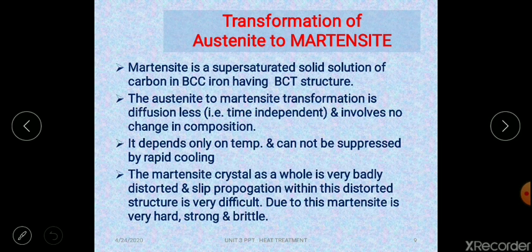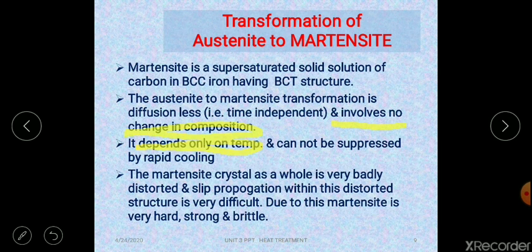When cooling takes place at a faster rate, after a sudden drop in temperature the process of transformation is time independent, that is, it is diffusionless. Whatever time it requires, it will convert into martensite, the harder phase, and involves no change in composition.